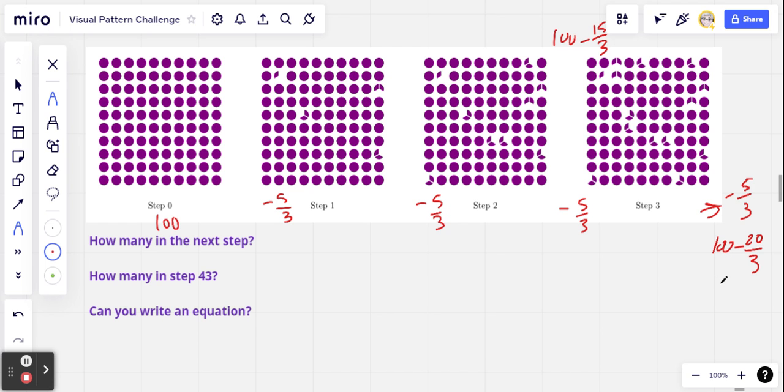And what is that? Well, you may want to write 100 as a fraction over thirds. So that would be 300 thirds. That's the same as 100. 300 divided by 3 is 100. And we're going to subtract 20 thirds from that. That would leave you with 280 thirds. So that's how many thirds we have in step 4.